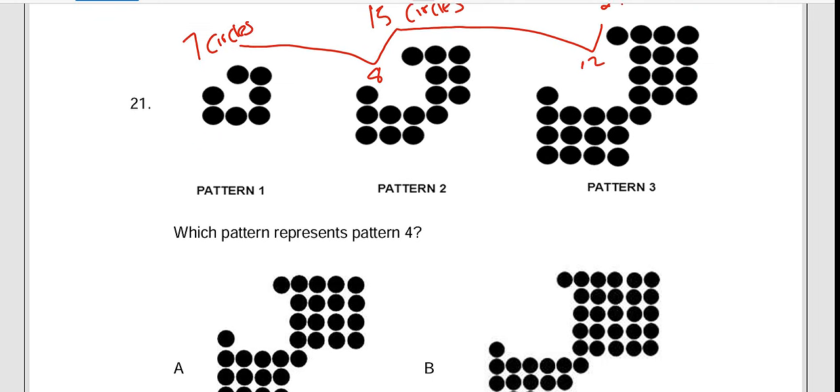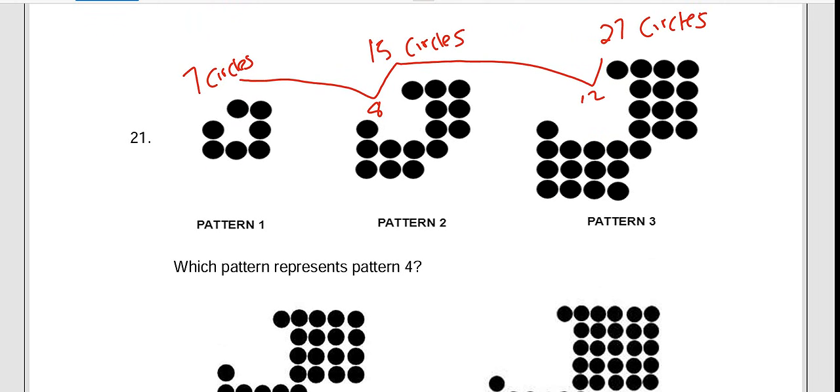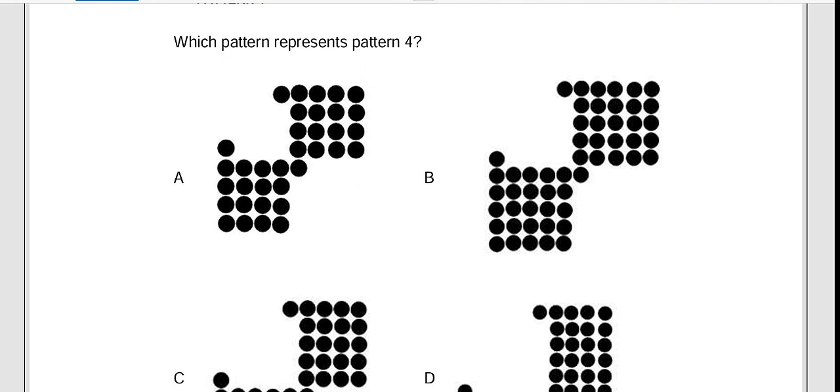So let's check our pattern: I have a gap of 4, I have 12, and then another gap is going to be 16. Which means that it's going to be 27 plus 16.